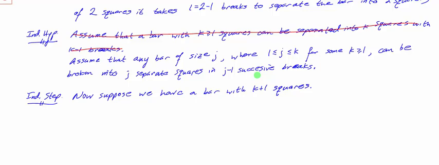The assumption here being that they're in a rectangular grid. We won't keep writing that down just for the sake of brevity. After one break, so how are we going to use this induction hypothesis? Well, we're going to perform one break and then look at what we have. Well, once we do that, we have 2 smaller bars.